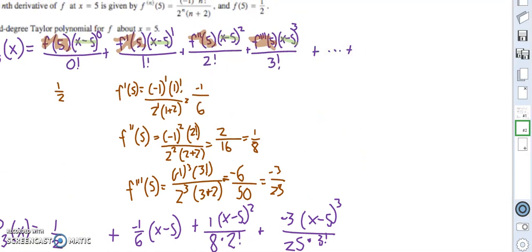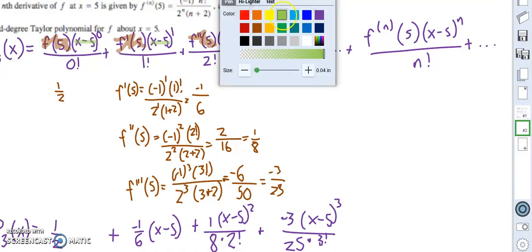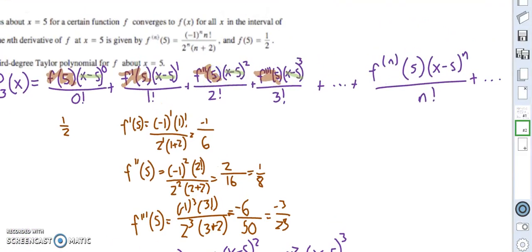is my super general term, my formula term is f nth derivative. That's what my formula looks like. The general term for this particular series is going to be plugging in this for this, which will tell me what this particular series is.